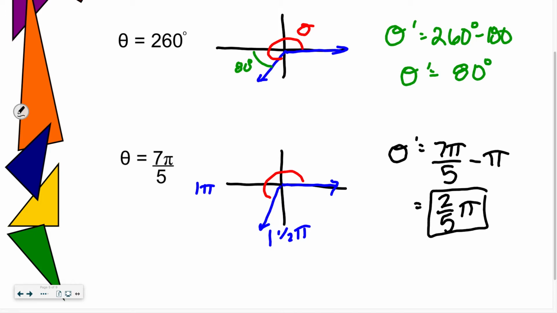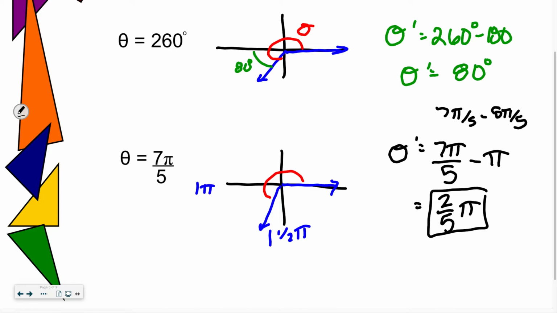If you need to, you can get common denominators. That is 7 pi/5 minus 5 pi/5 if you need to write it down. So it's like pi over 1, and then you could multiply top and bottom by 5. 5 pi over 5. But you'll get 2/5 pi either way.